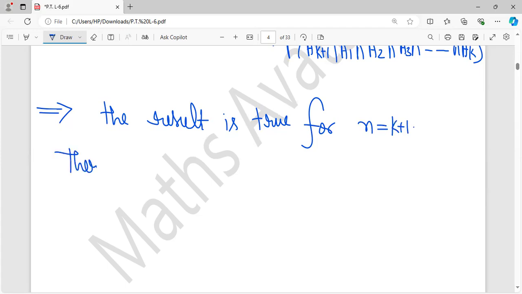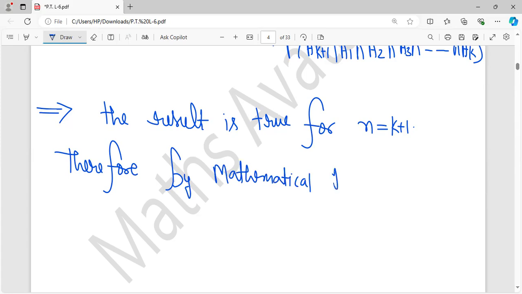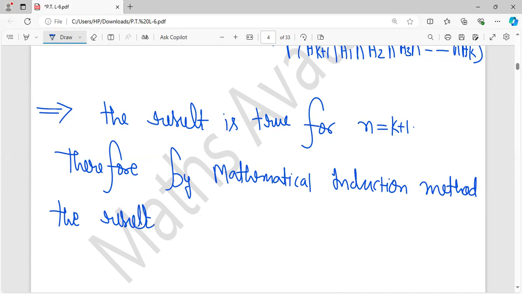Therefore, by the mathematical induction method, the result is true for n greater.